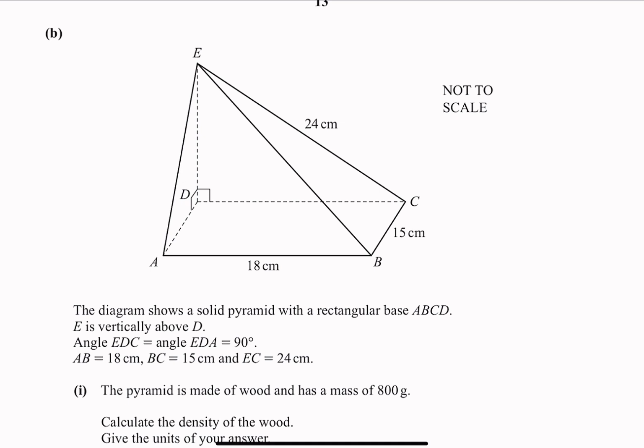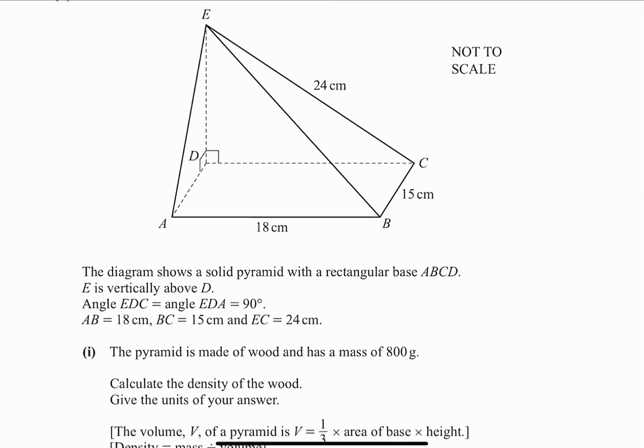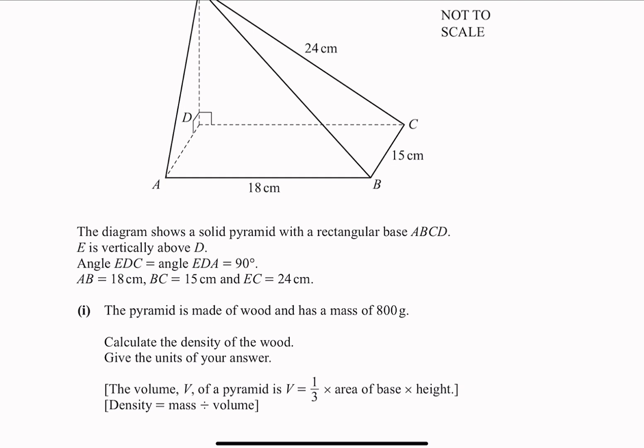The diagram shows a solid pyramid with a rectangular base ABCD. E is vertically over D. Angle EDC is equal to angle EDA, and they are both equal to 90 degrees. AB is equal to 18 centimeter. BC is equal to 15 centimeter, and EC is equal to 24 centimeter.